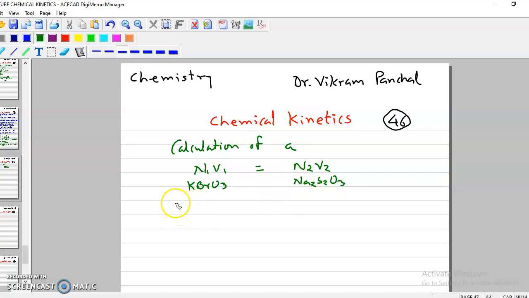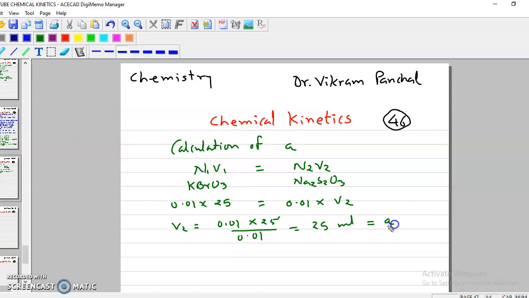So here N1 is 0.01 normal of KBrO3. We will pipette out 25 ml of the solution. The concentration of sodium thiosulfate is 0.01, which is given, and V2 will be small a. So V2 is equal to 0.01 into 25 upon 0.01, which is 25 ml, and this is small a.